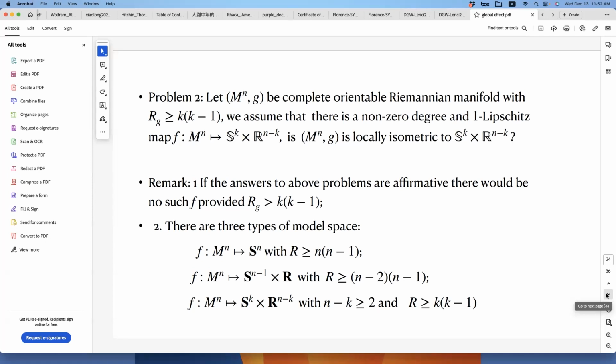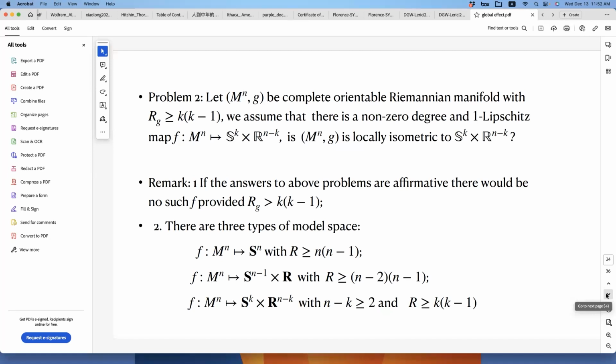Now, here's the remark. If the answer to the above problems is affirmative, there would be no such map provided the scalar curvature is strictly bigger than this constant. Actually, this constant is the scalar curvature of the model space. There are three types of model space.